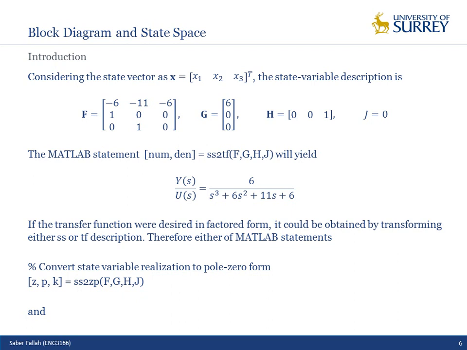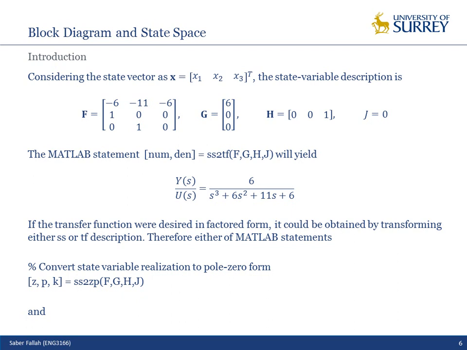If you have the state space representation, you can use this, but first you need to do it by hand. The calculation you need to do by hand to find the transfer function Zs over Zr. To justify and prove the correctness of your answer, you can use the MATLAB command state space to transfer function to show that your hand calculation is correct. Is that clear?